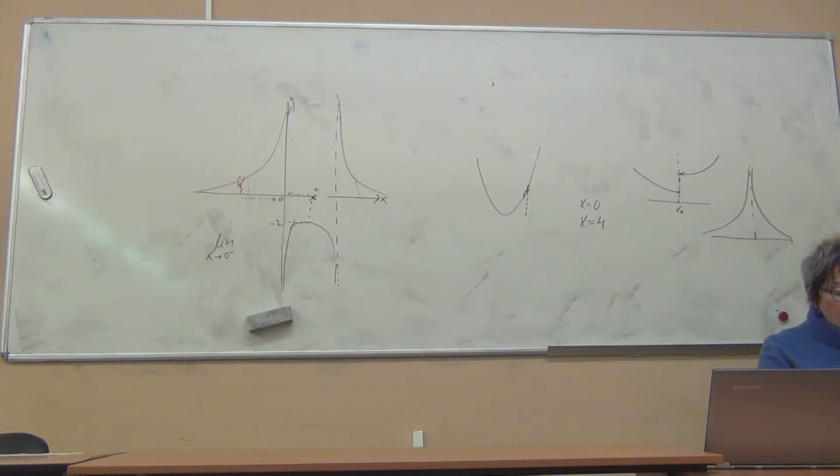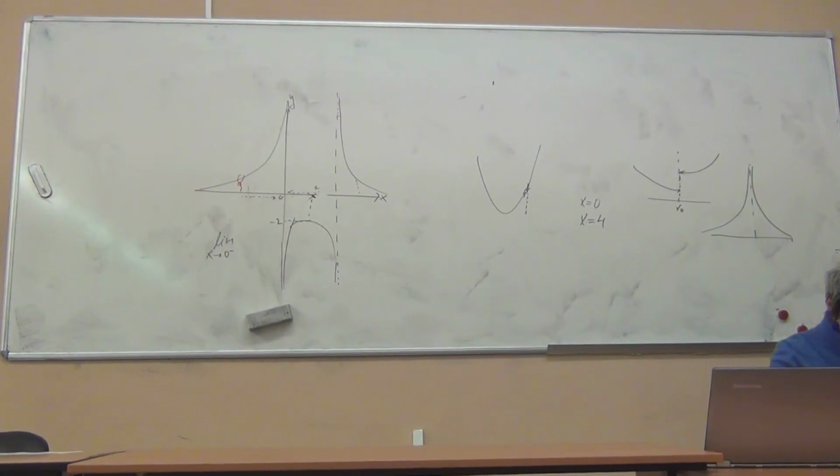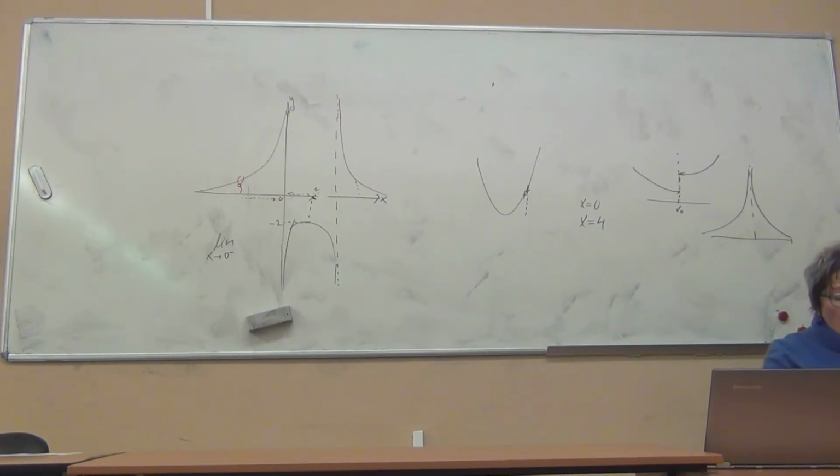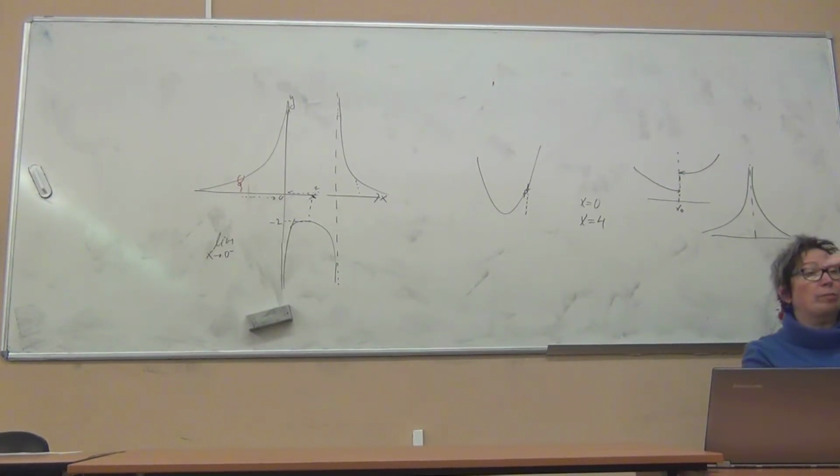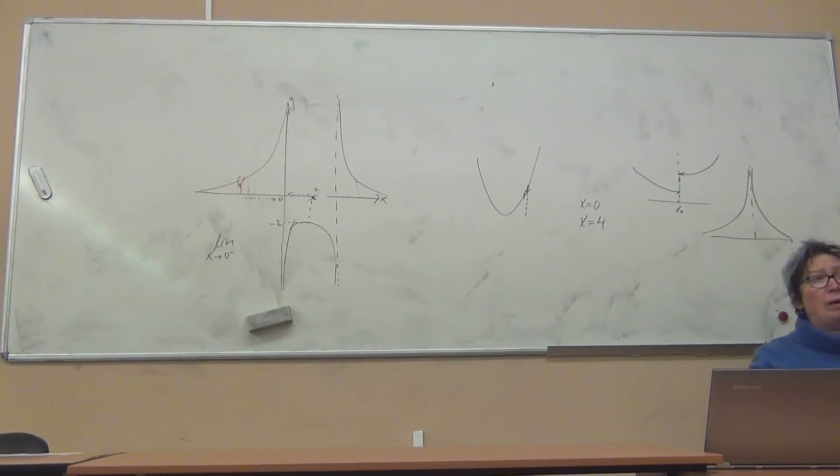All right. The next one, E. When x tends to positive infinity, what do you think the limit of this function is? 3? 0? No. Minus 2. I didn't sketch the horizontal asymptote to make sure to point out that this function indeed tends to minus 2.